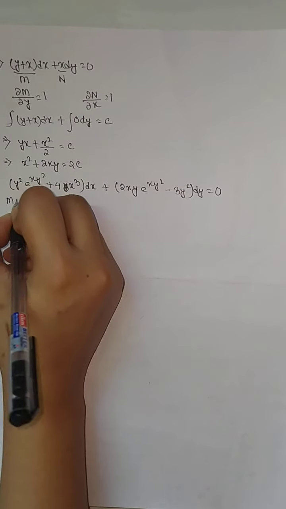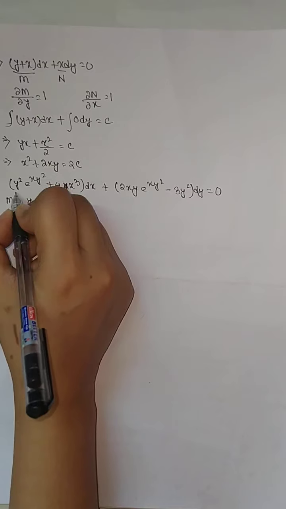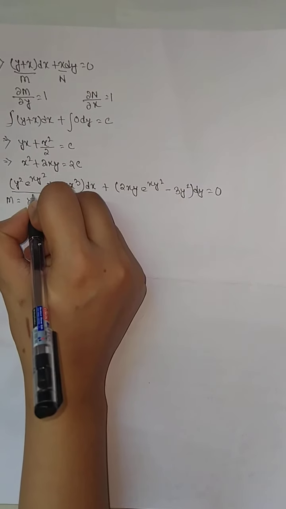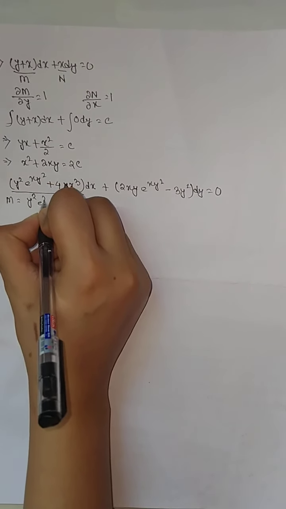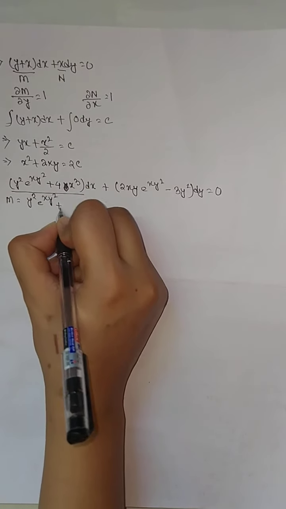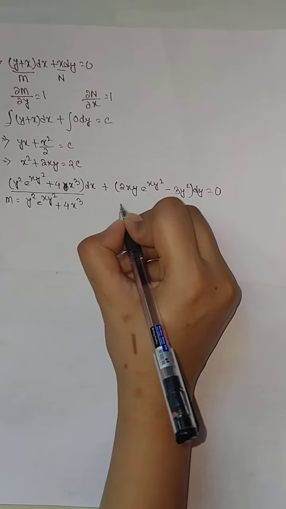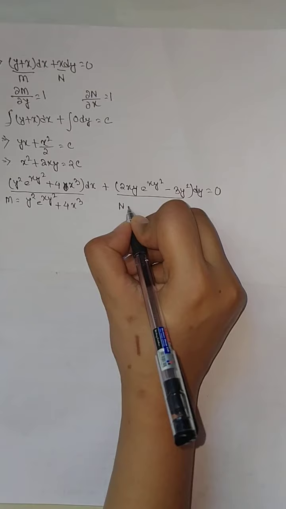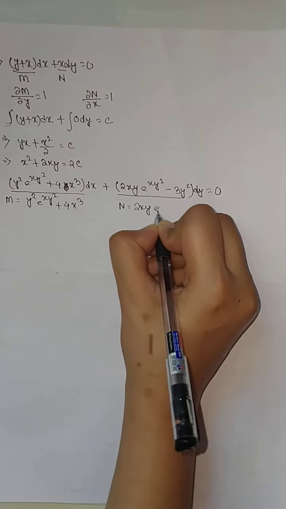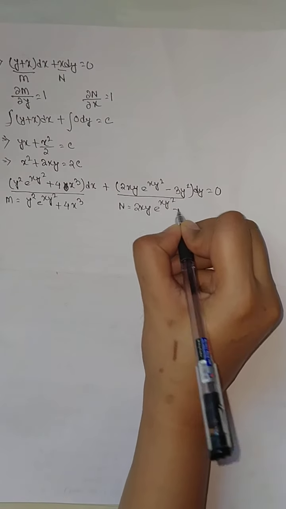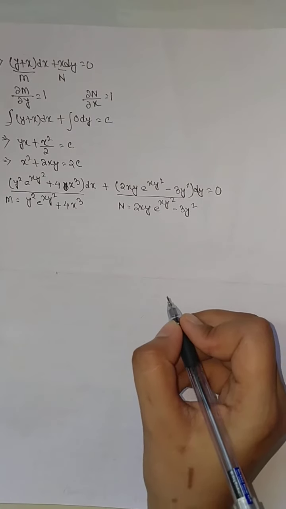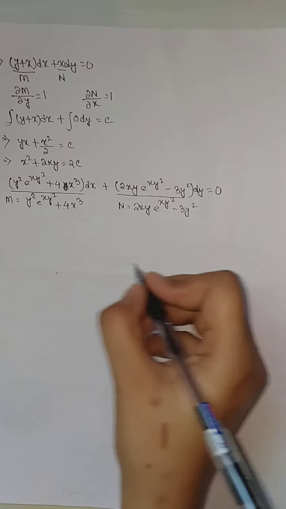Here M equals y² e^(xy²) + 4x³ and N equals 2xy e^(xy²) − 3y². Now we can check the condition.